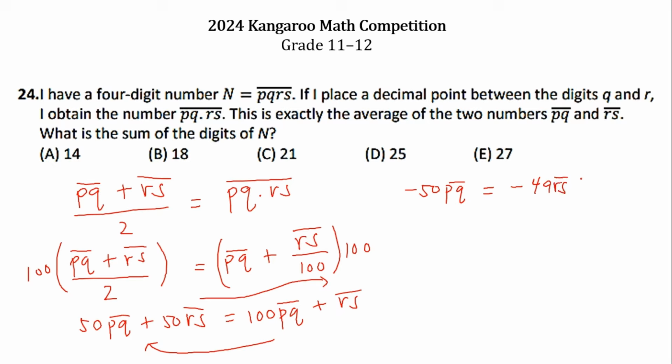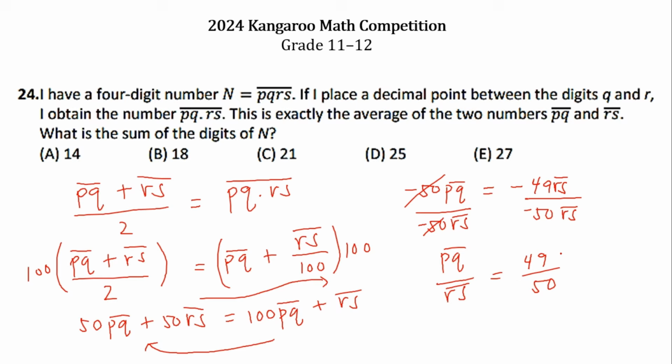Now if we divide both sides by negative 50 RS, we'll cancel negative 50. The right hand side will be positive. So we have PQ over RS equals positive 49 over 50.